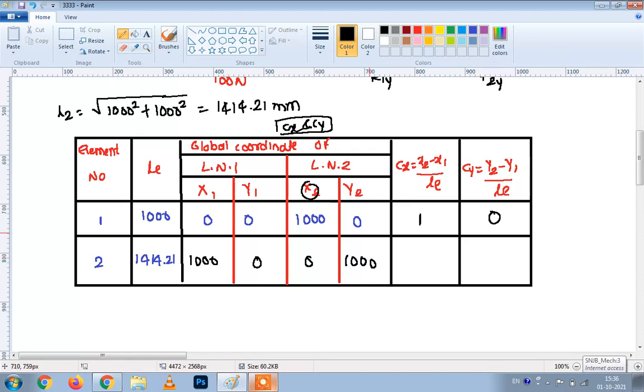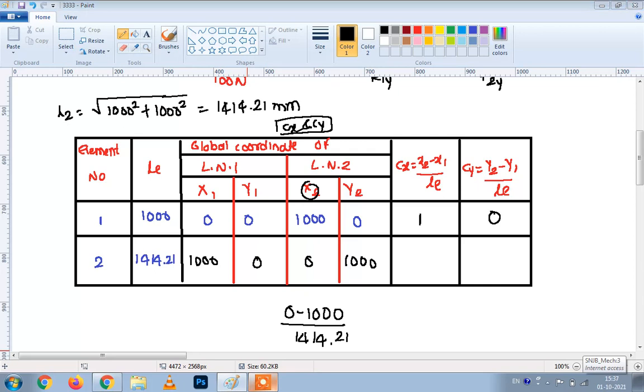Similarly, now we have to calculate x2 minus x1 for element 2. Now x2 is 0, x1 is 1000, so 0 minus 1000, divided by 1414.21.